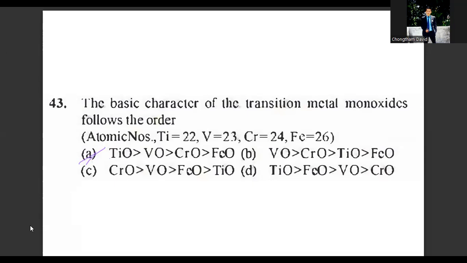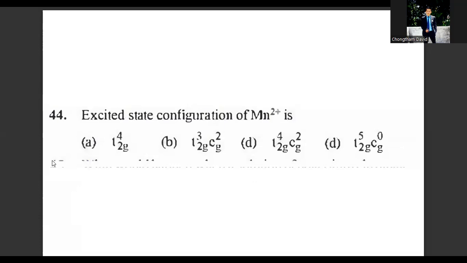Let's read question number 44. The excited state configuration of manganese 2+ is. After crystal field splitting, the 5 d orbitals get separated as t2g and eg orbitals. For manganese 2+, the last shell has 5 electrons, that is 3d5 4s0.